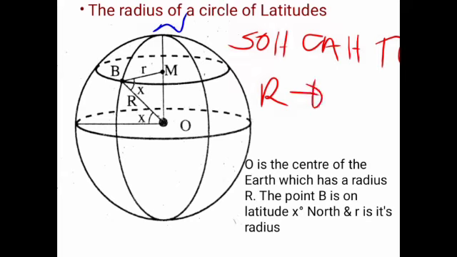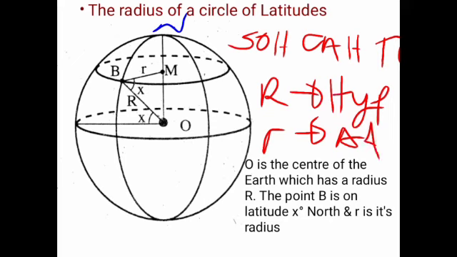R is the hypotenuse, and you can see that our angle is x here. That means that small r is actually adjacent to angle x.